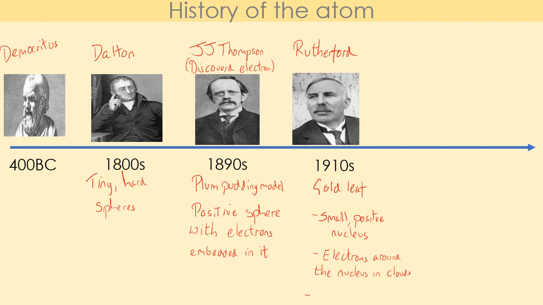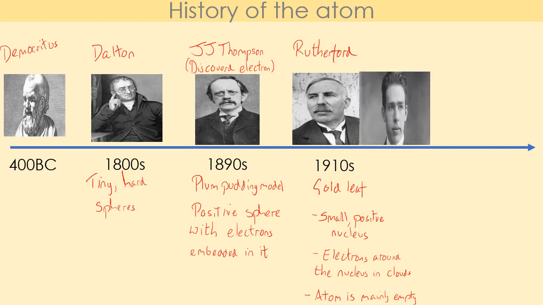And that an atom is mainly empty space. An atom is mainly just empty space. He's done this through experiments. And this is what we call the nuclear model of the atom. And we're getting somewhere to what we know today.